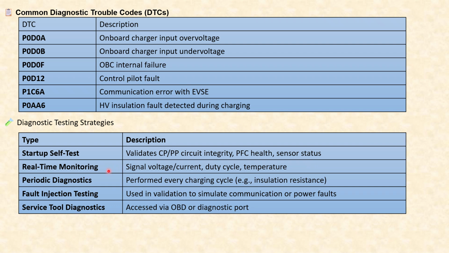Third is periodic diagnostics, performed every charging cycle, which, for example, monitors the insulation resistance at periodic intervals. Next is fault injection testing, used in validation to simulate communication or power faults. Next is service tool diagnostics, accessed via OBD or diagnostic port. So these are the various testing strategies.